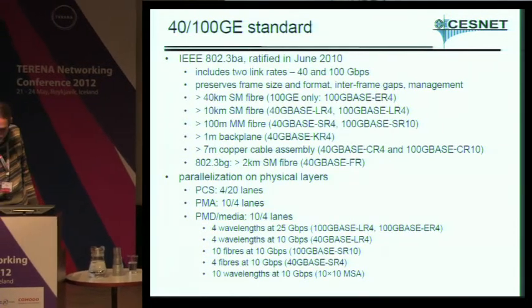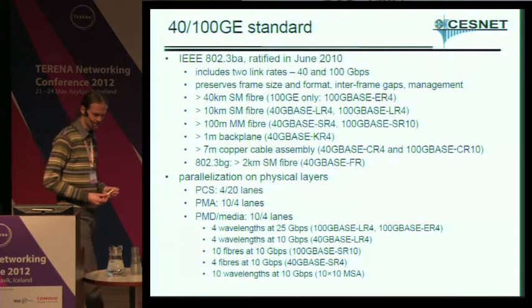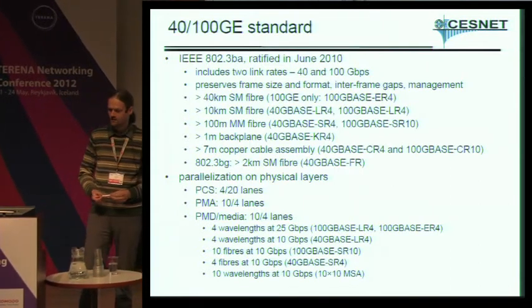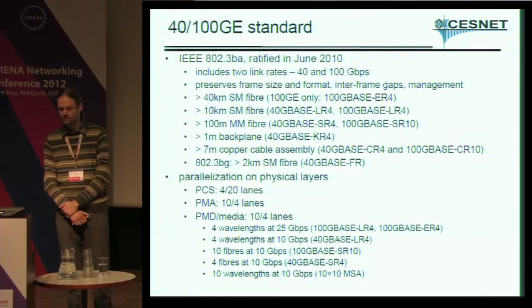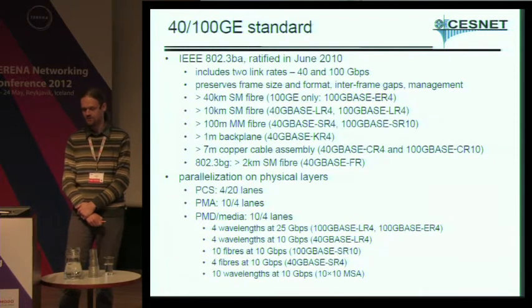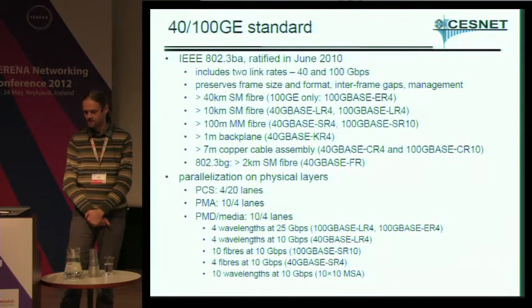Ethernet comes in several flavors. There are long-range technologies with single-mode fibers. For 100G, the way it is implemented is that we have four colors of light in the same fiber, each color running at 25 gigabits per second.